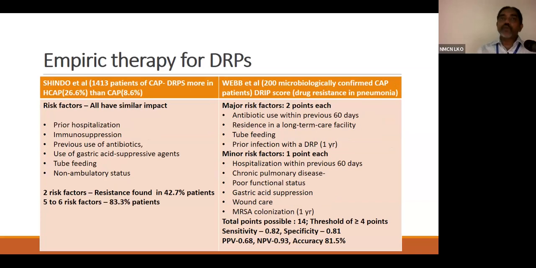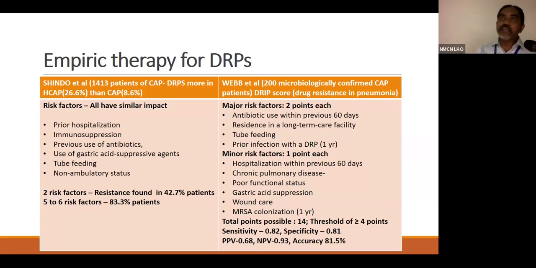A couple of scoring systems have been clinically validated in cohort studies, among them Shindo and Webb. These are the two authors who have published a good scoring system, in which the second one, on the right, has a very good sensitivity and specificity to predict presence of drug-resistant pathogens in patients with severe CAP.